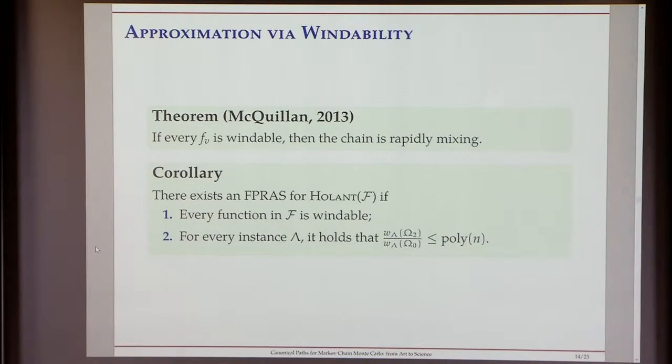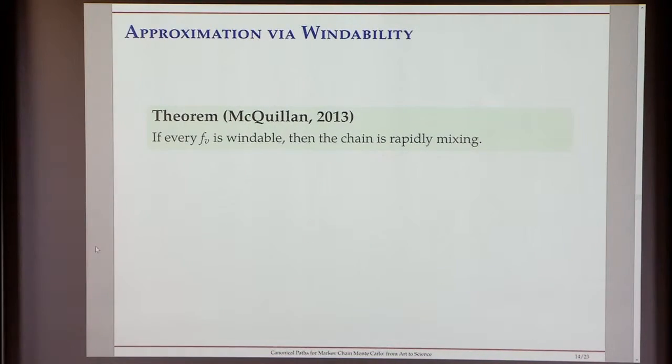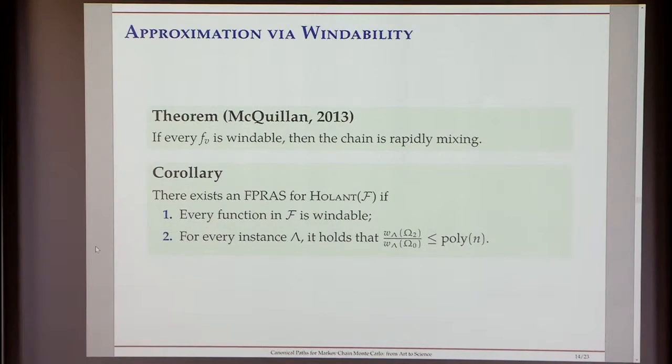Since, remember the definition of omega k, the set omega 0 is what we would like to sample from. So if we have this additional condition, then we have an FPRAS to compute the partition function of this HOLANT problem.